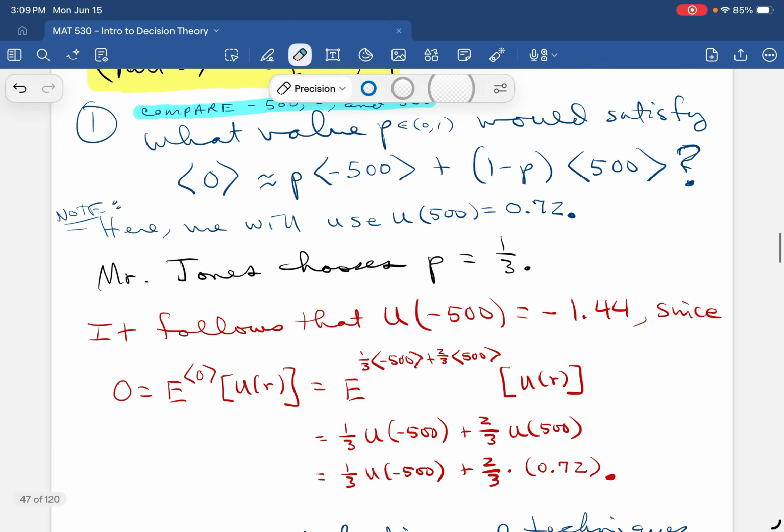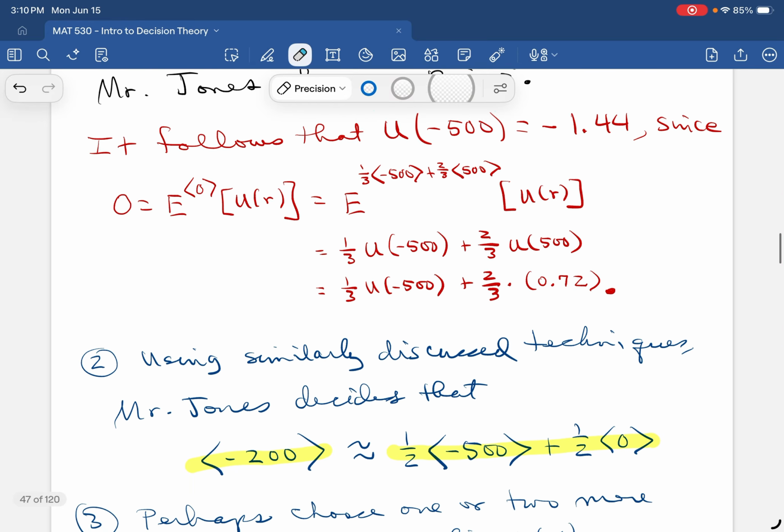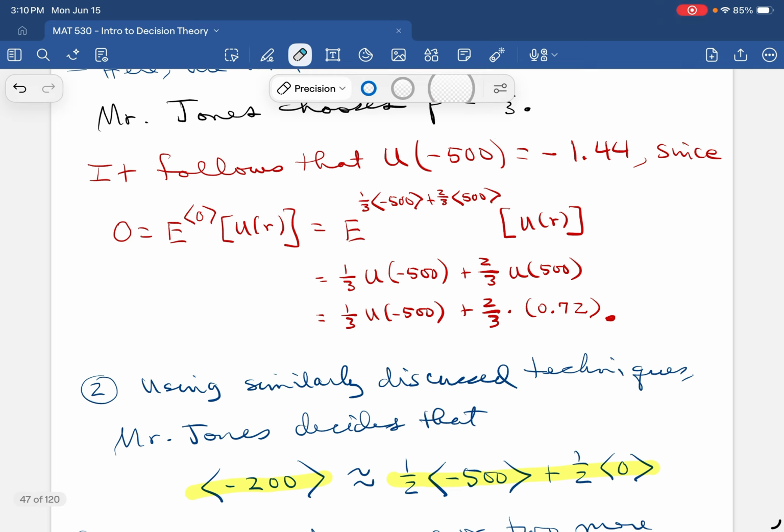Now we know the utility at 500, and we're trying to determine the utility at negative 500. So it's just a question of solving for the unknown at that point, since all of this is equal to 0. Okay, so using similarly discussed techniques, Mr. Jones decides that negative 200 for sure is the same as this 50-50 gamble of losing $500.